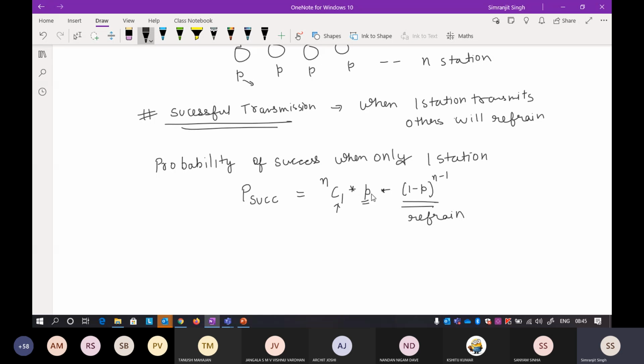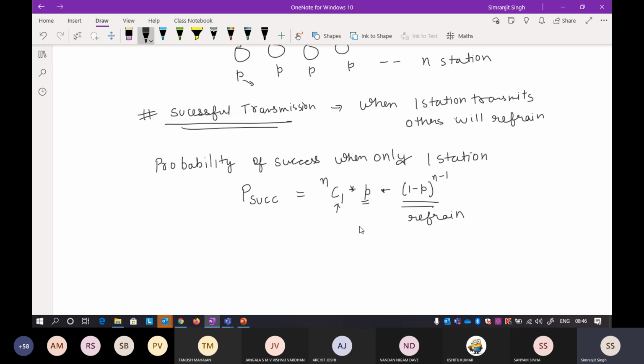If this particular scenario happens, then I'll say it is a successful transmission. If you have studied probability, it is just like tossing a coin, where at one time you get the head that you want, and other times you get something different.